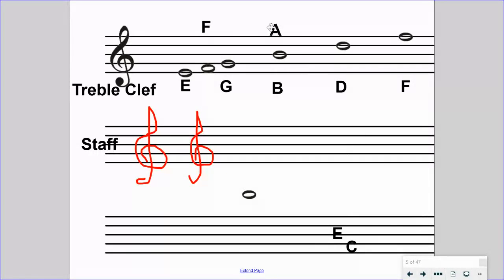F, A, C, E. So that means we have two E's.